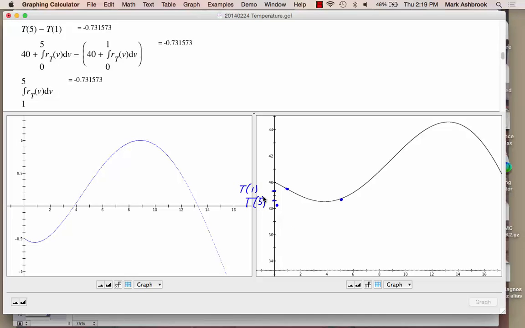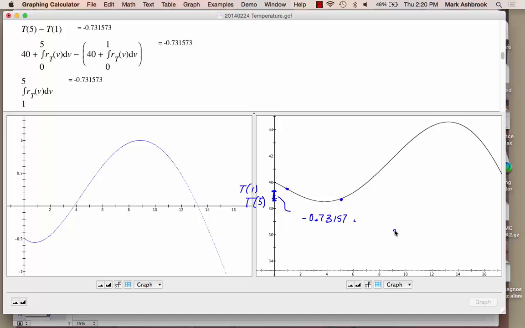And how is that change in temperature expressed on the graph? What on this graph is showing that change in temperature from 1 to 5? It's this change right here. Do you see that? From here to here is showing that change of negative 0.73157, etc. Starting at 1 to 5 is that change.